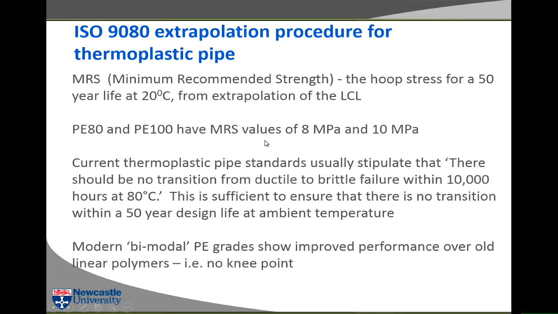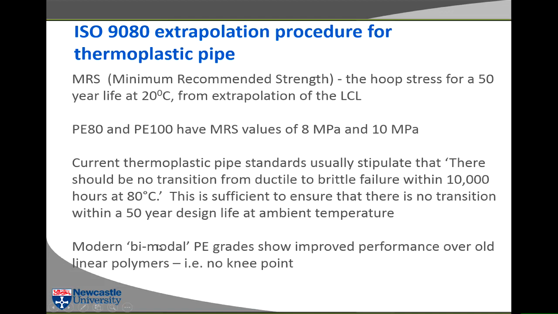Usually when you buy these pipes, they're referred to as either PE80 or PE100, but there's now a new range called PE100 Plus, which are even better. And now there's this thing about there must be no transition from ductile to brittle failure within 10,000 hours at 80 degrees C. And I expect you to remember that, like a parrot, when it comes to the exam.